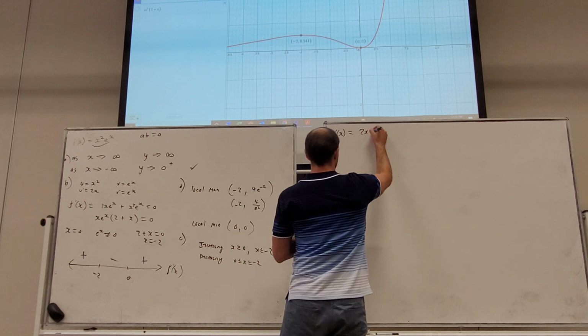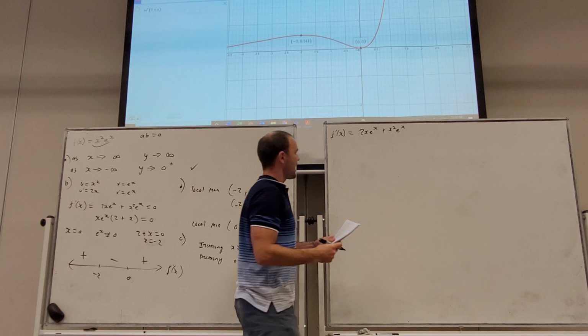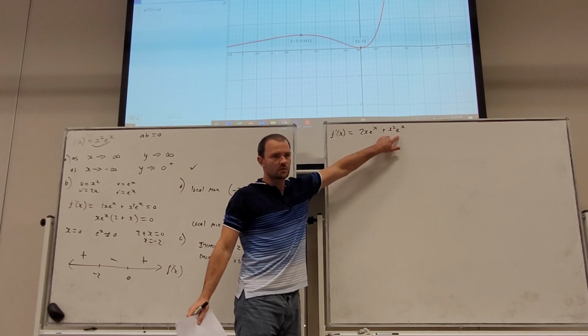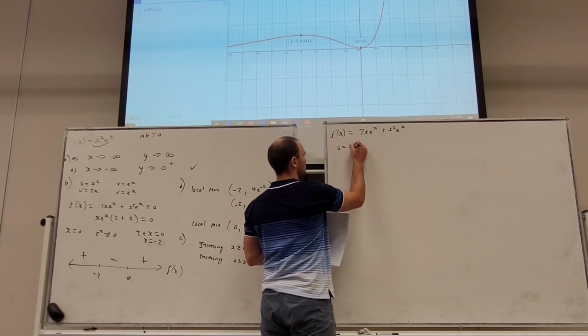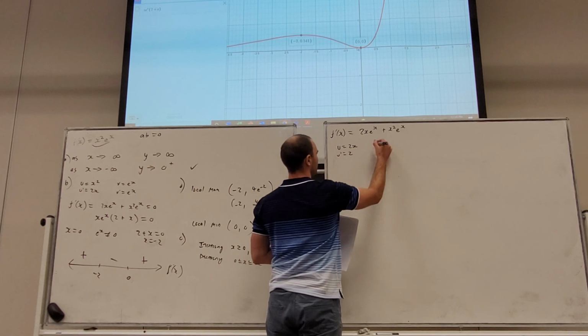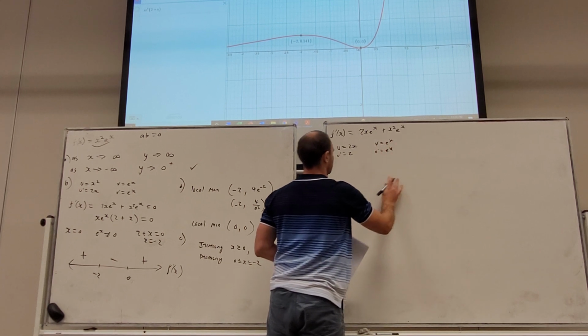So this is our first derivative, 2x e to the x plus x squared e to the x. And I know the derivative of this already, so I'm just going to focus on this part. We still need to use the product rule. u is 2x, u dash is 2. v is e to the x, v dash is e to the x.